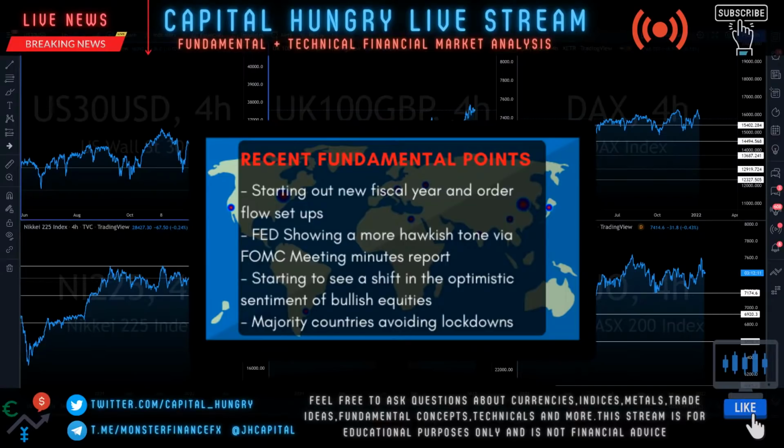Because we've been out of lockdown for so long, this just gives further signals that central banks can start to shift into rising interest rates, right? And start to taper off and stop the stimulus support. And obviously we'll have a shift in the market sentiment and market cycle, okay?